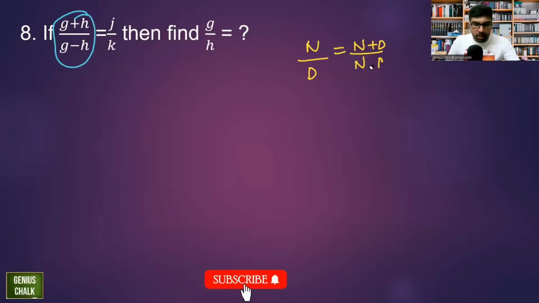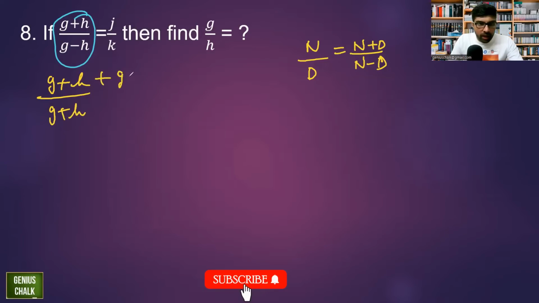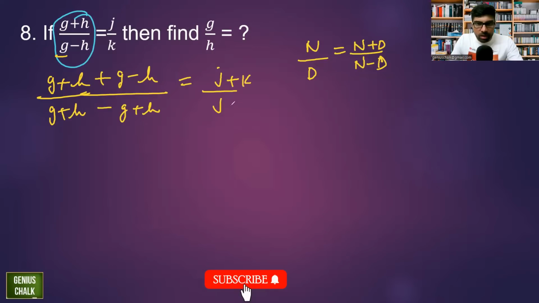So this has to be minus. Let's write the numerator here, it is G plus H plus G minus H. Denominator directly as it is, G plus H minus G plus H, because minus minus gets plus. Here also, J plus K by J minus K.